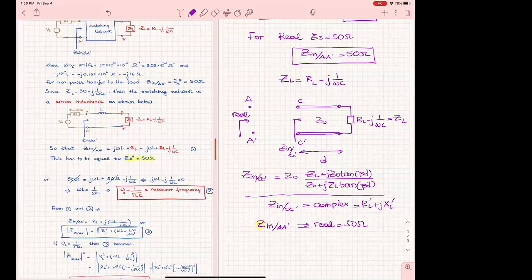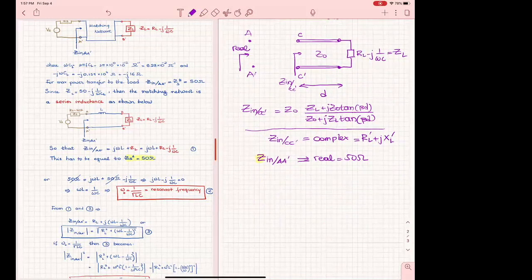And the only thing that we can create that provides only an imaginary load, or a reactive load as we call it, a reactive load, the only thing that creates a reactive load is a stub.